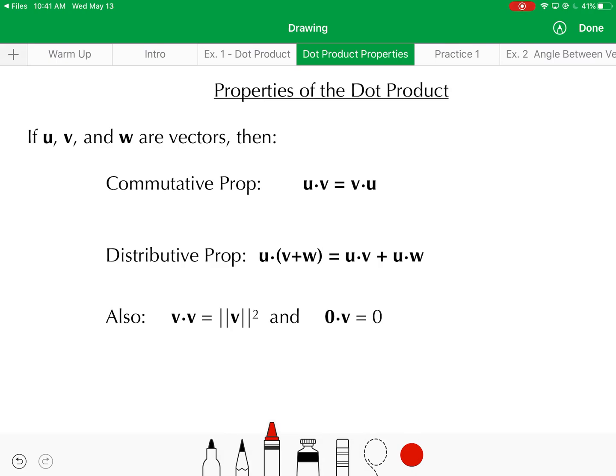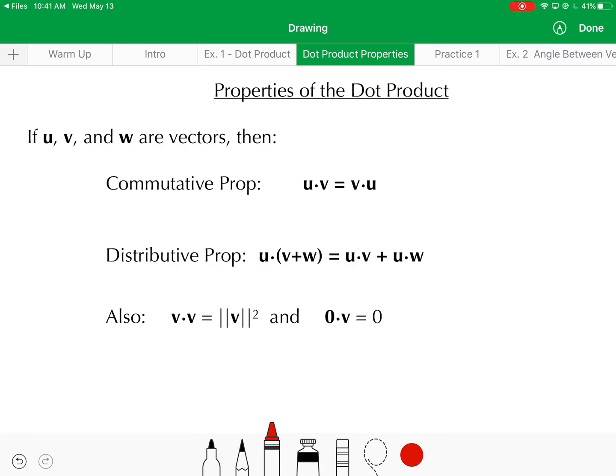So if I were to add vector v with vector w, and then find the dot product between u and that resulting vector, that would be the same as finding the dot product between u and v and the dot product between u and w, and then adding those two results together.